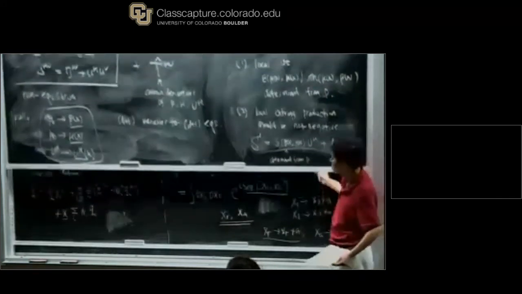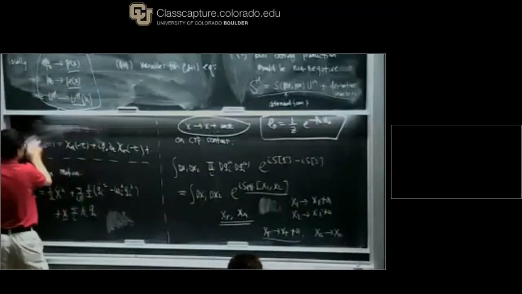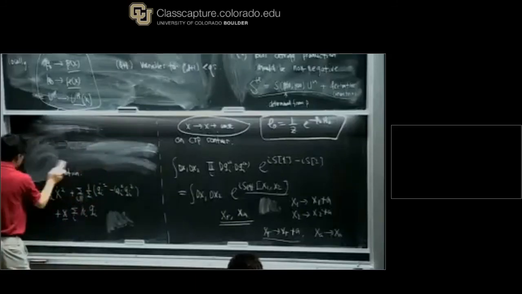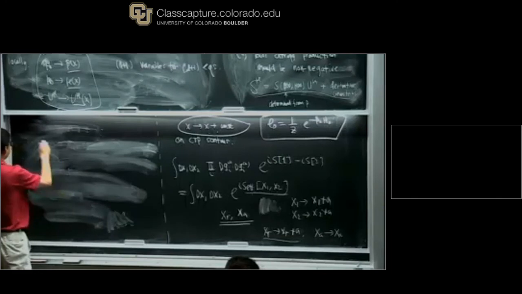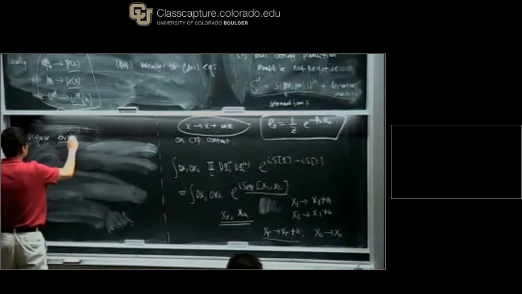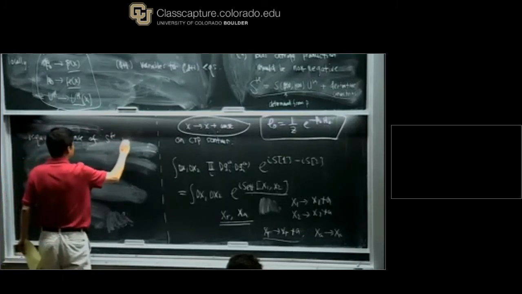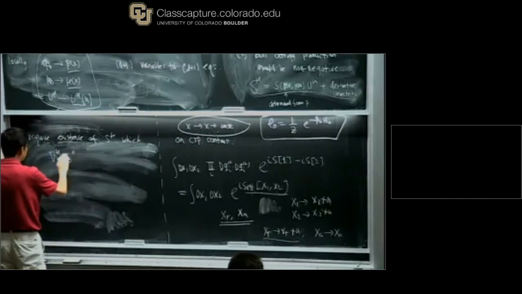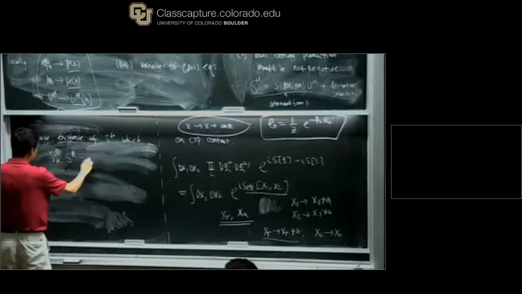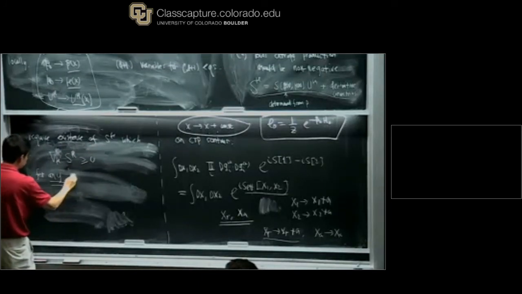So require the existence of S^mu which satisfies partial_mu S^mu greater than or equal to 0 for any solutions, and any is key, of the equation of motion.